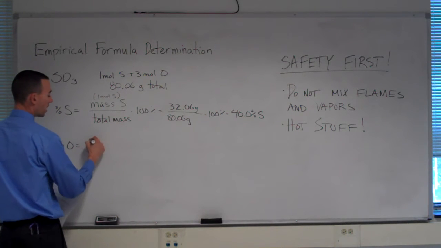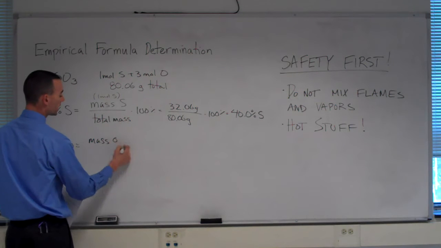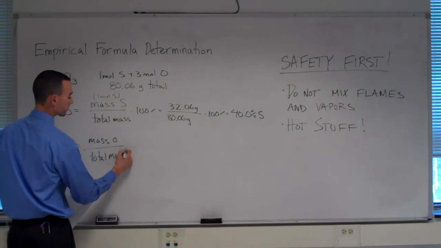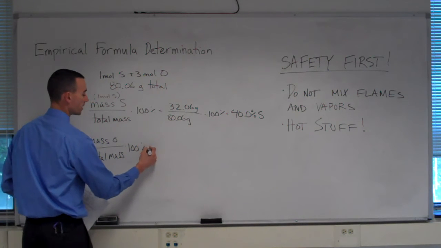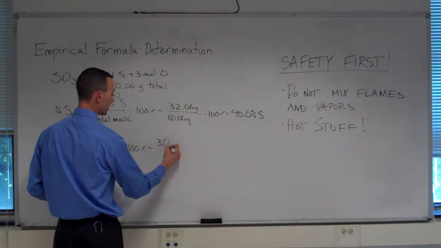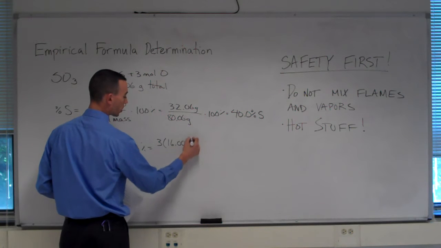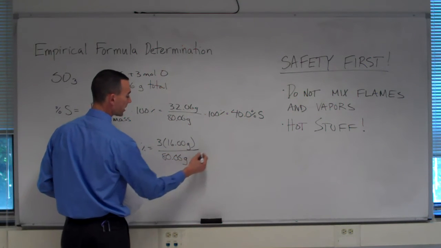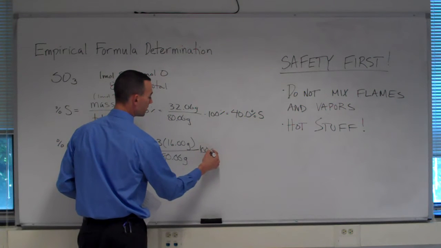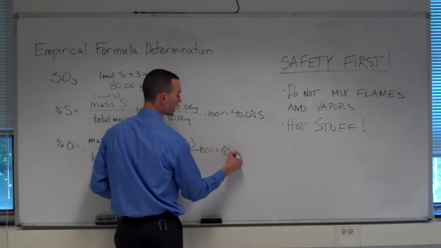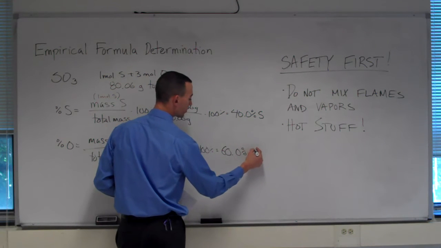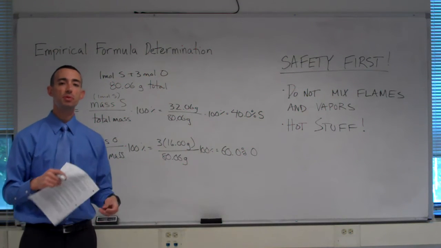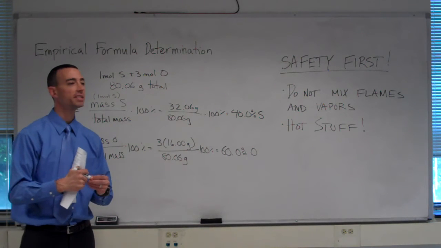We have 3 moles of oxygen, so that would be 3 times the 16 grams per single mole divided by the total 80.06 times 100, and we sure enough do get 60.0% oxygen by mass.